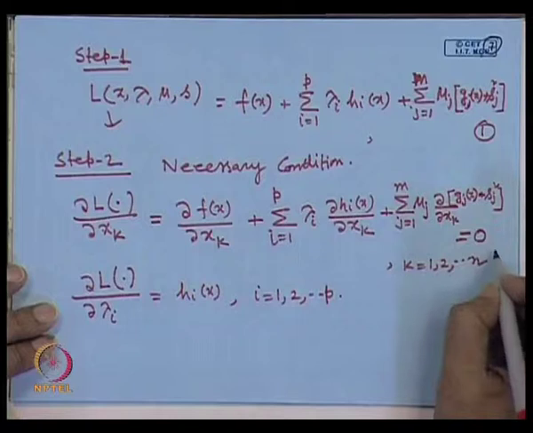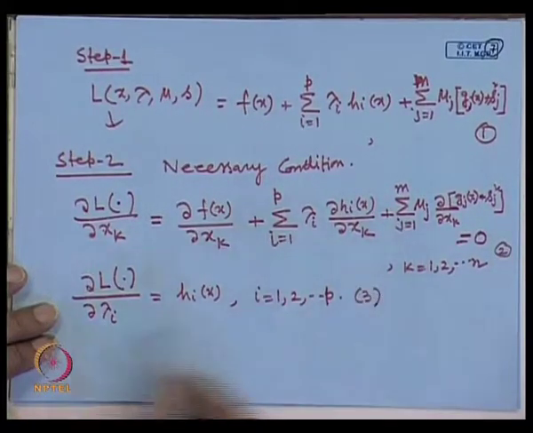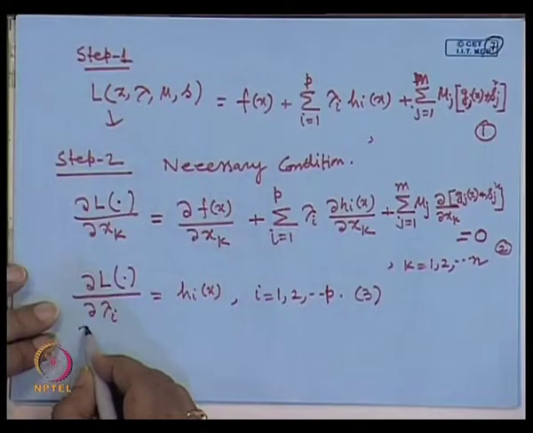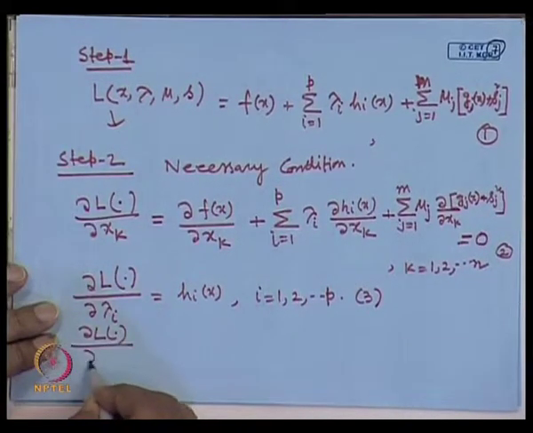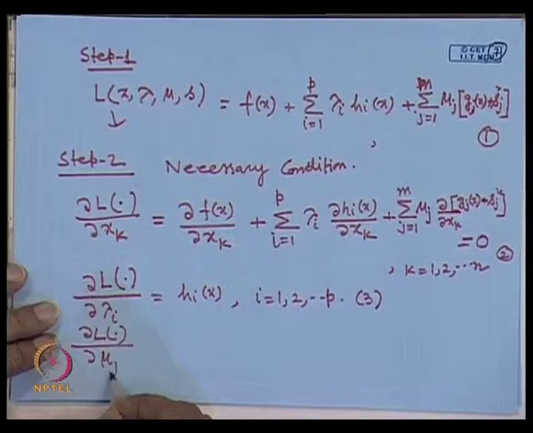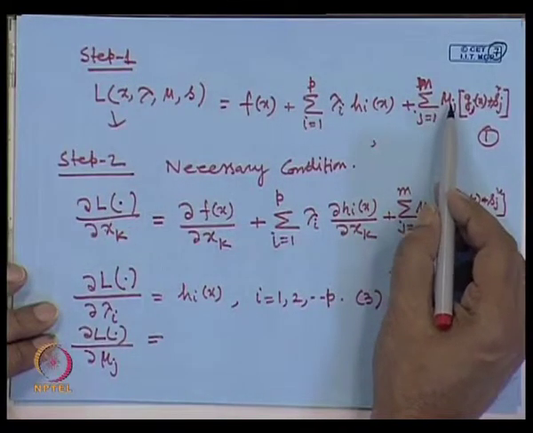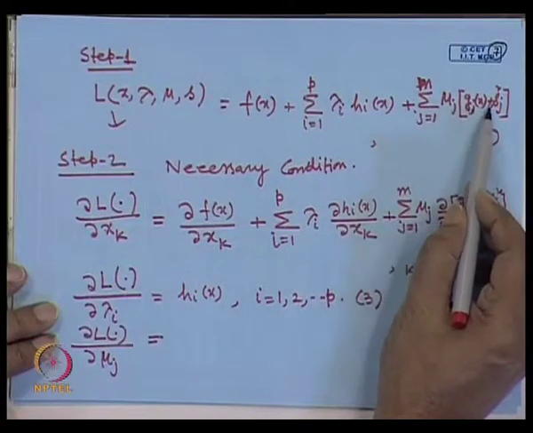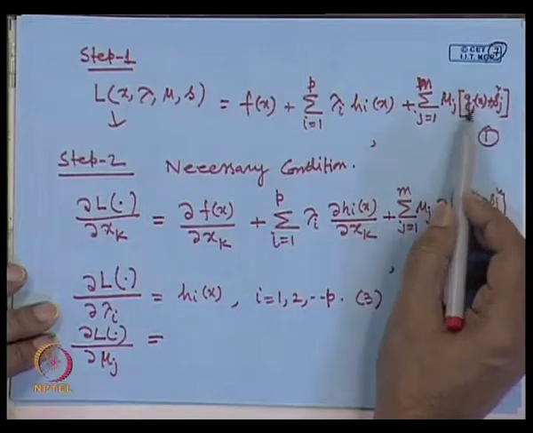So, let us call this equation number 2, and this equation number 3. You have differentiated with respect to lambda, then what is left is with respect to mu j. If you differentiate with respect to mu 1, j is equal to 1, mu 1 into g 1 plus S 1 square. Other terms are not a function of mu.